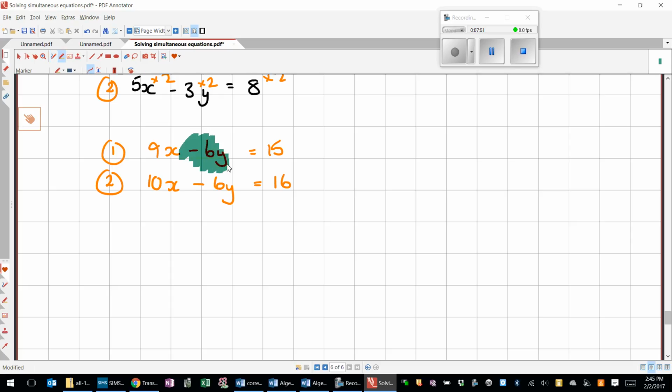So we're at minus 6, minus 6, they're the ones that we're going to focus on. Remember, we've got to make 0. So what we're going to do is subtract. I'm going to do 2 subtract number 1. So 10x subtract 9x is 1x. And then we've got negative 6y subtract negative 6y.